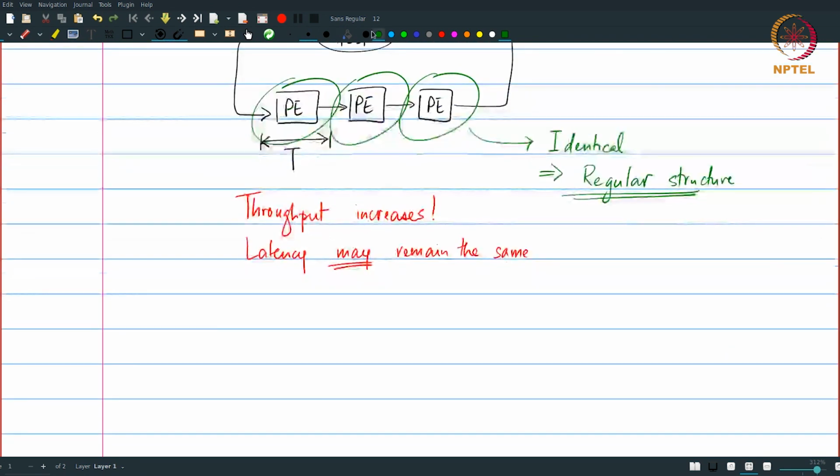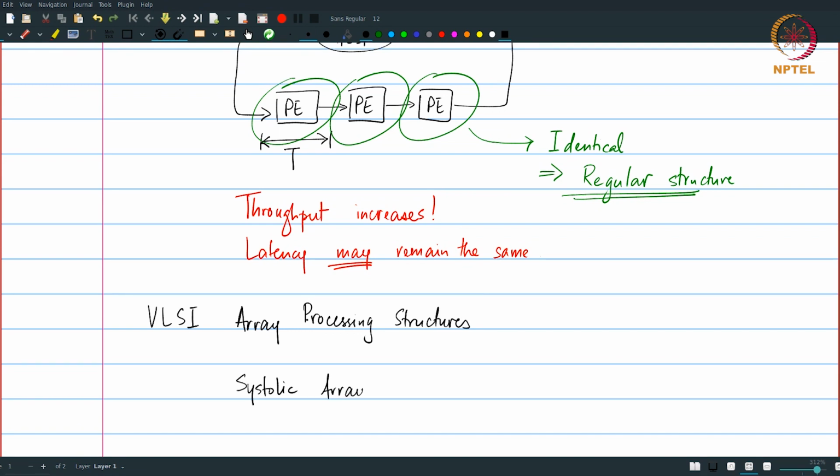This is the reason why these kind of structures are also called VLSI array processing structures, and are sometimes also known by the term systolic arrays.